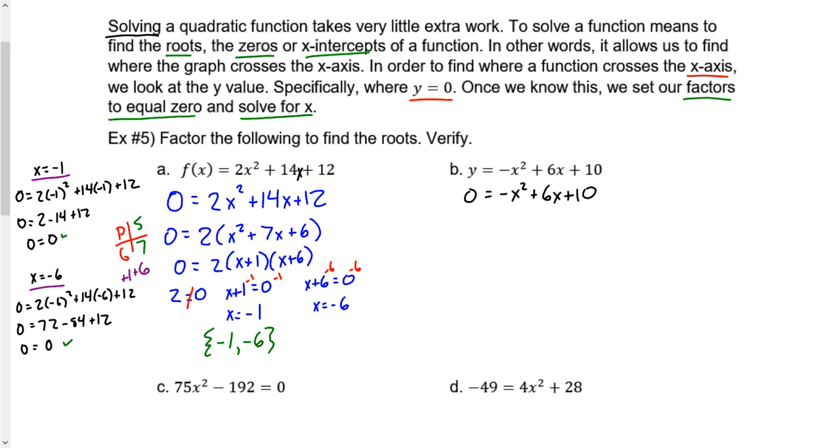Now you may not notice it, but there is actually something to factor out. Our a value is not 1, it's -1, which means we need to actually factor a -1 out first. It's one of the skills that those of you that have taken Pre-Calc 20 will be familiar with.